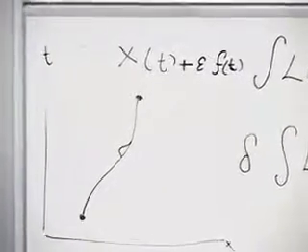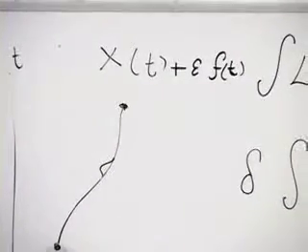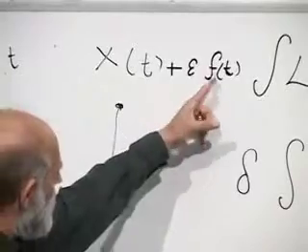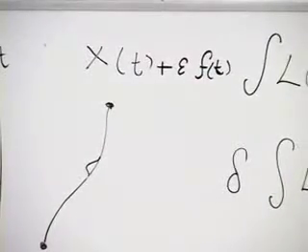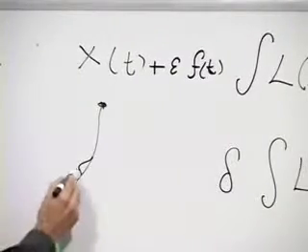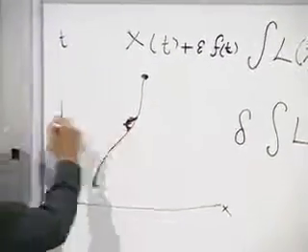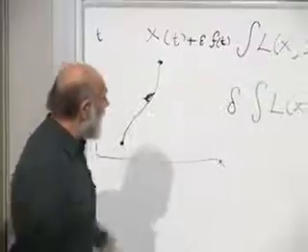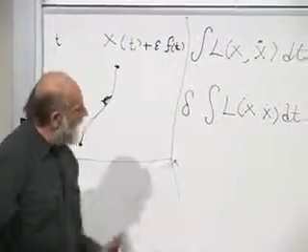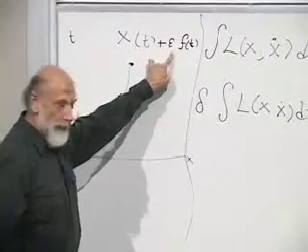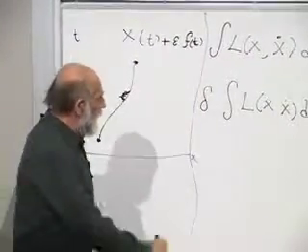What are the variables in this problem that we're minimizing with respect to? We're minimizing with respect to all these variables: f of t1, f of t2, in fact, f all along here. This little bump here represents f. So the question then is, how does the action change when we change x a little bit? All right, that's easy to work out.